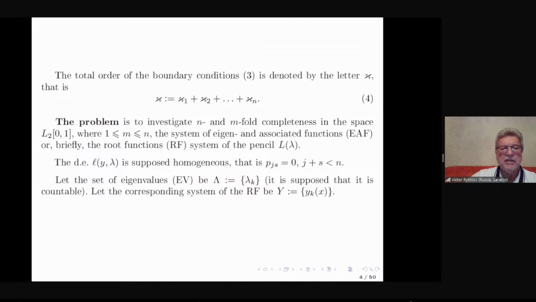The differential expression L y of lambda is supposed homogeneous, that is p_js equals 0 when j plus s is less than n. Let the set of eigenvalues be lambda. It is supposed that it is countable. Let the corresponding system of root functions be y.